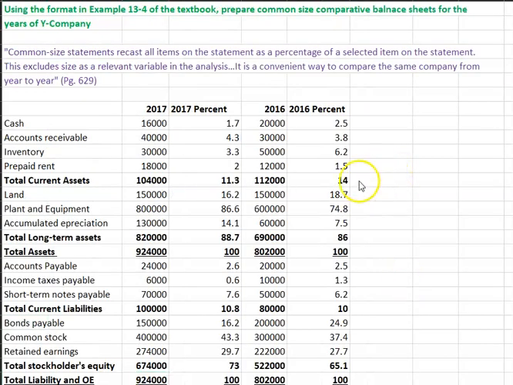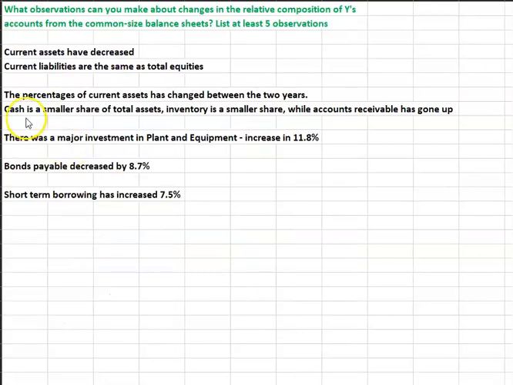You have 14% in 2016, and that decreases down to 11.3% for 2017. Current liabilities also, there's an increase there. From 2016 you have 10%, but in 2017 you have 10.8%, so that's a 0.8% increase. Cash is also a smaller share of total assets, and inventory is a smaller share, while the accounts receivable has gone up.